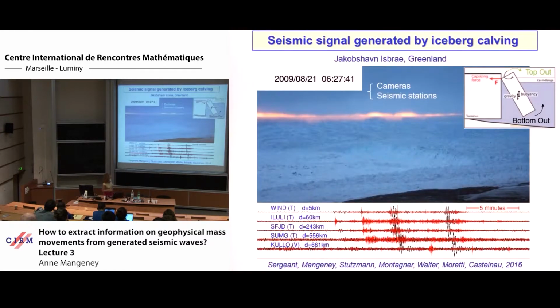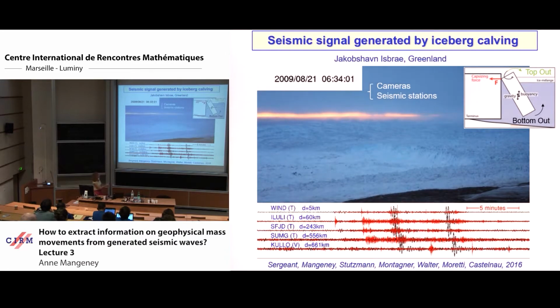And I will show you that. For example, you have to look at both of these: here you will see a big iceberg that will calve, and here another smaller one. And here you will see the seismic signal that we record at different stations, from 5 kilometers up to 660 kilometers. So I hope it will work.